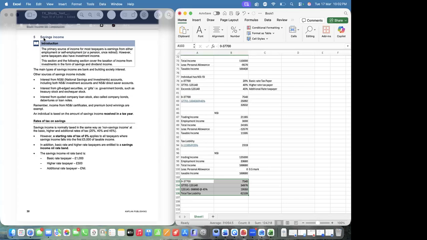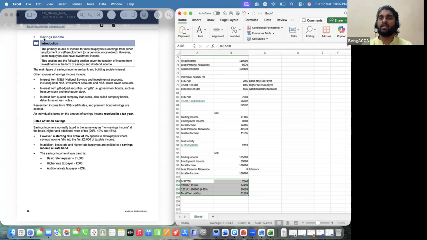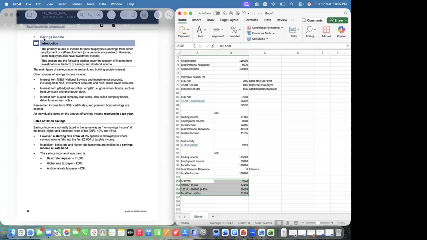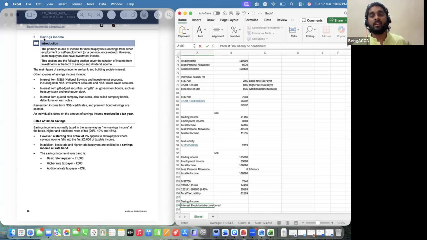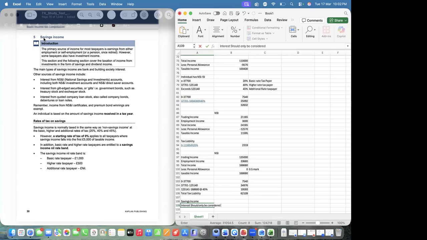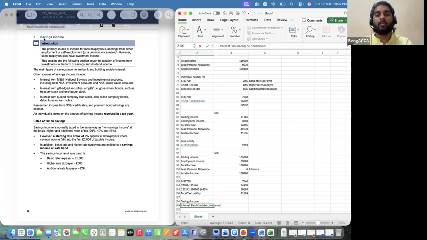And what is the other thing to remember? Usually banks give out interest for the year end or quarters, correct? Yes, sir. But for taxation purposes, we should again consider savings income interest only from 6th April to 5th April, which should be considered for the tax year.